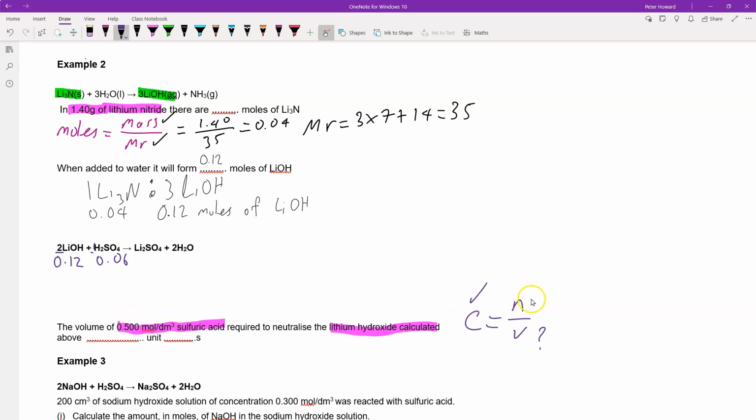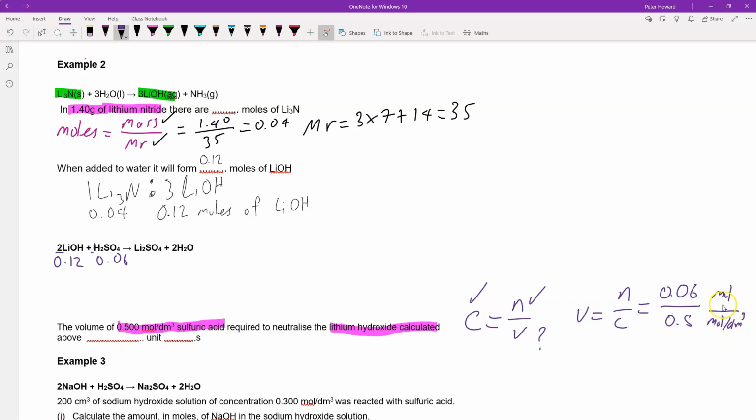I know the concentration, and from a previous bit, I know the number of moles, so I can do volume is equal to N over C. So number of moles 0.06 divided by a concentration of 0.5. Obviously you don't normally write units in this, but if you think about this, this is units of moles. Units of concentrations are moles per decimeter cubed.